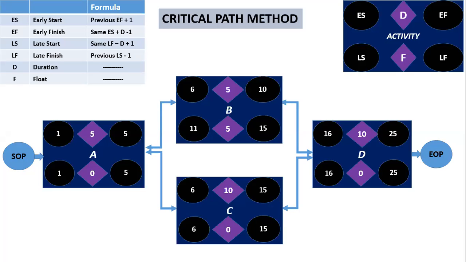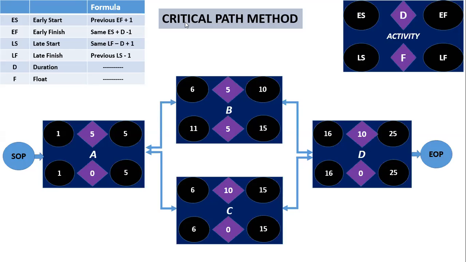As a thumb rule, the early start is on the first day of activity A and it ends on the 5th day of the project. That is, the total duration of this activity is 5 days, right?